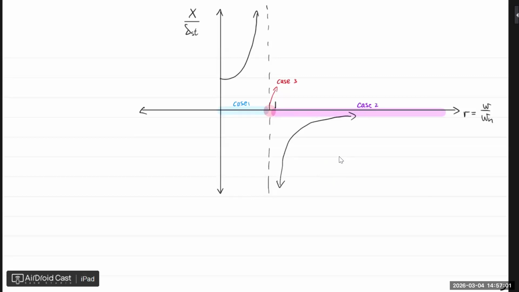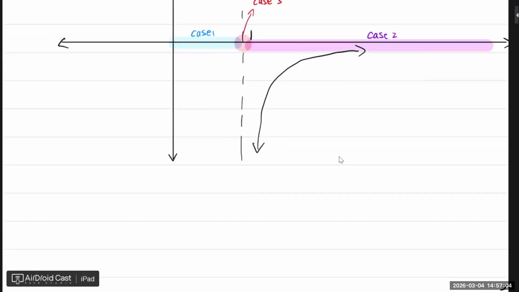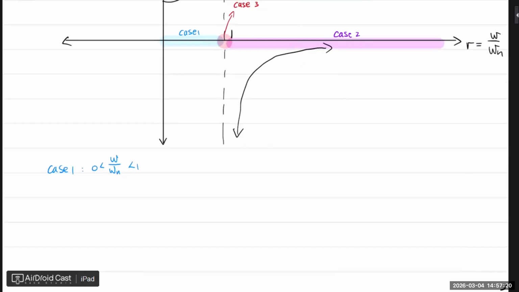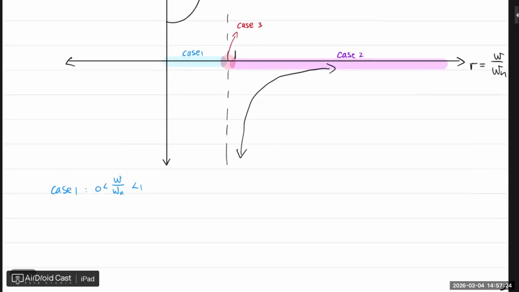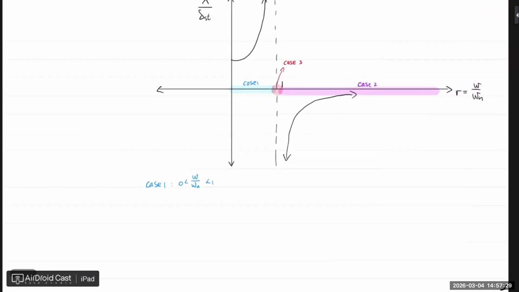All right, so let's have a look at the blue part first, case 1. For case 1, we know that the ratio of the forcing frequency to the natural frequency is smaller than 1, but still greater than 0. Must be greater than 0. Which means if you look at your y-axis, your displacement basically must be positive.